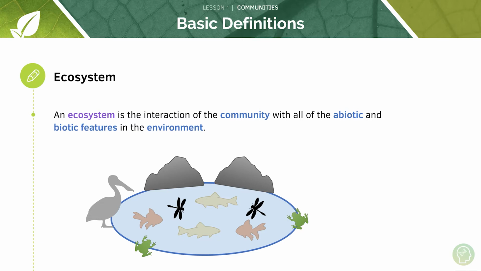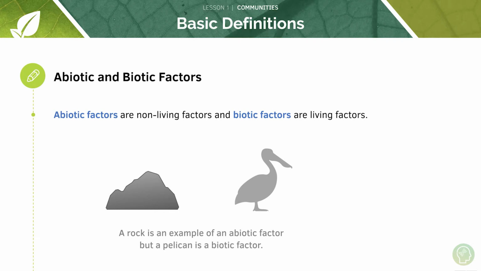And an ecosystem takes into account everything in this habitat. It's the interaction of the community with all of the abiotic and biotic features in the environment, so the living and non-living features of the environment. As I just defined, the abiotic factors are non-living factors, and biotic factors are living factors.